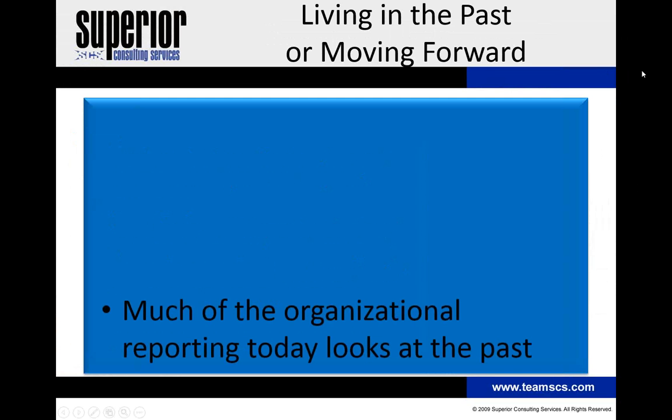So much of our organizational reporting today still is backward-looking. It's looking at what happened previous month, previous quarter, previous year. So we're getting better along those lines, but we still have a long ways to go. This type of information does have value.